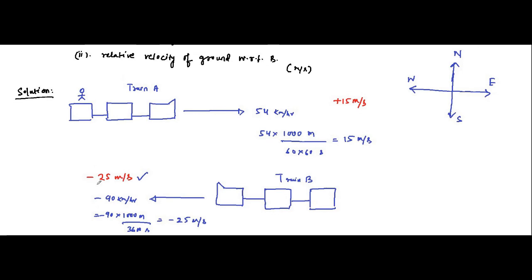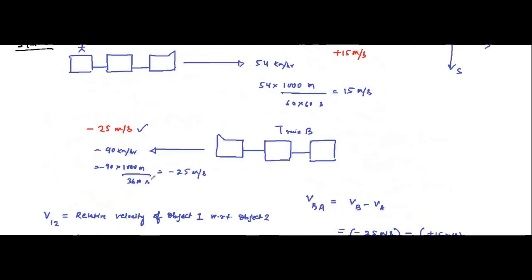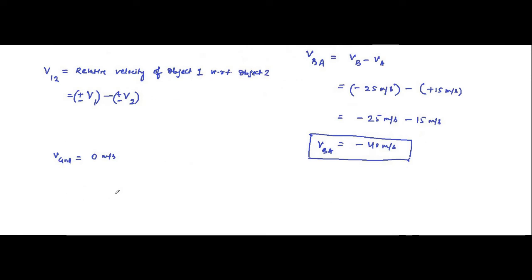So it has been asked: relative velocity of ground with respect to train B. Again, it will be expressed as VGB, that is, the relative velocity of ground or earth with respect to train B. It will be the velocity of ground or velocity of earth minus the velocity of train B.